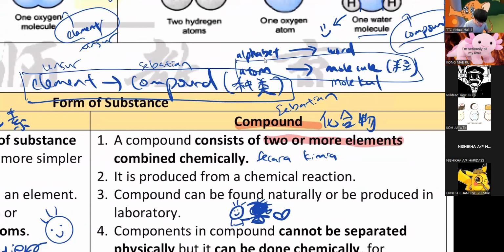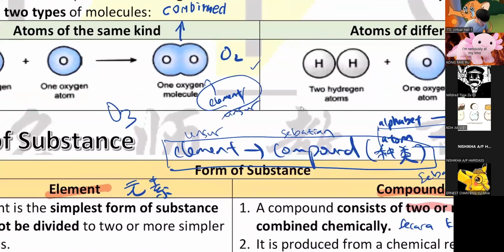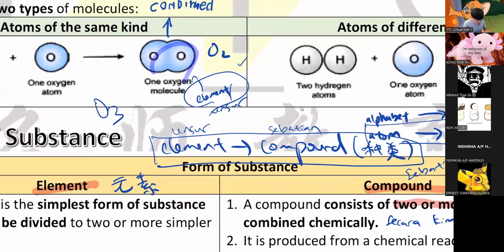Let me just summarize everything. Atom is the alphabet. Molecule is a word. When we talk about atoms or molecules, this is how many. But when we talk about element and compound, that is how many types. Element is one type, compound is more than one type. The best example is this: this is an oxygen molecule because it has two atoms, but it is only one type, so we still call it an element, unsur.